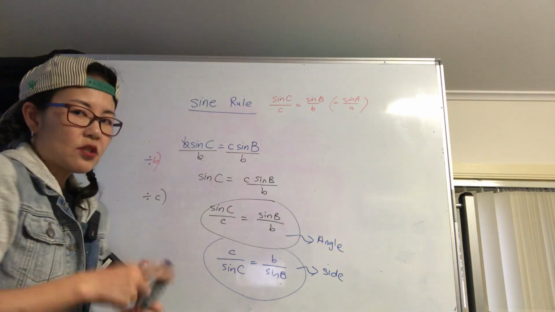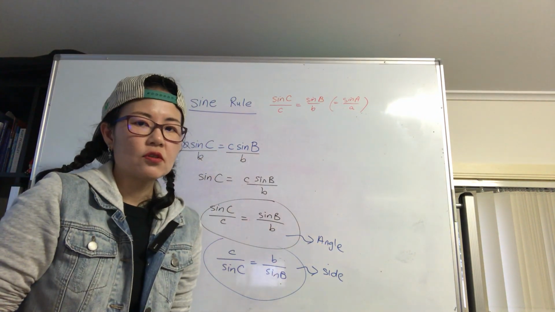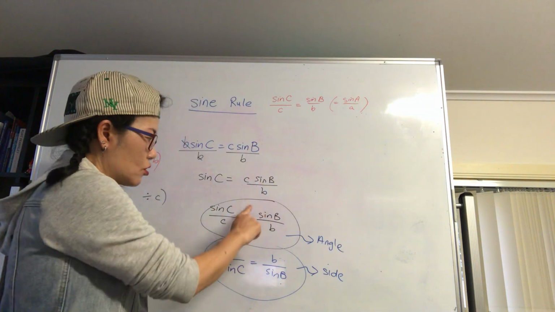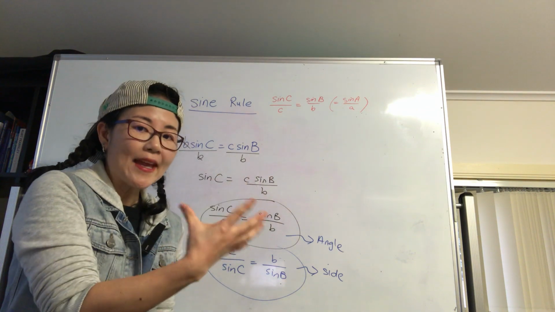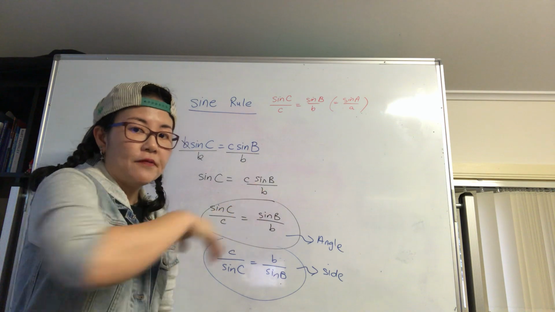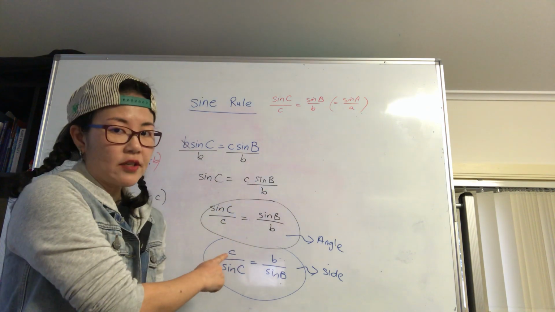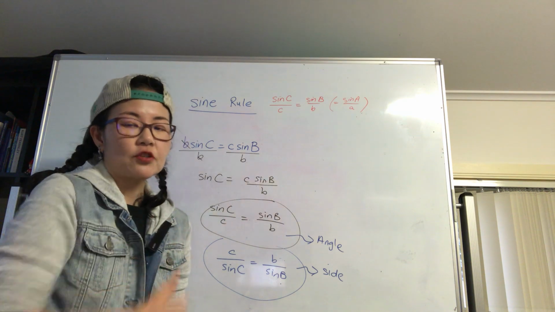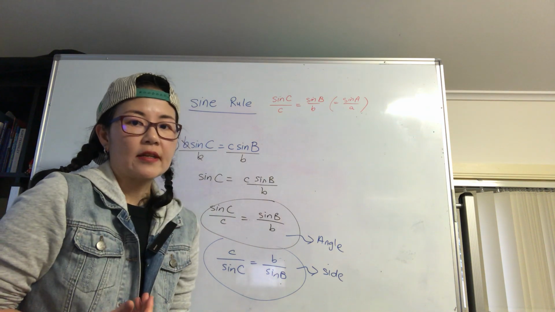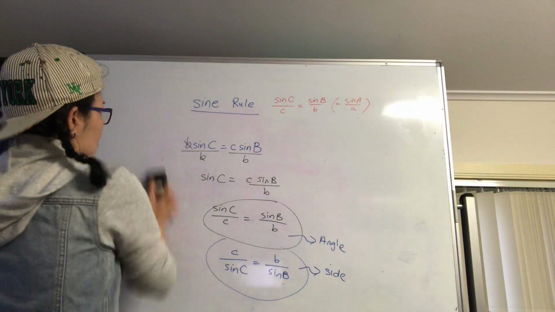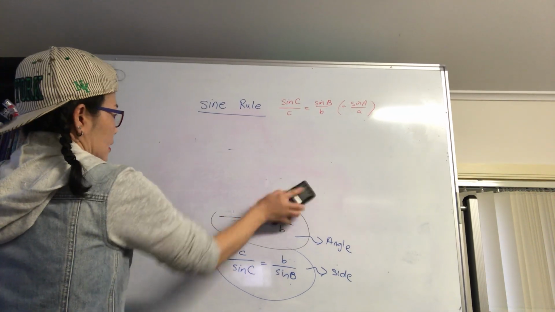But just remember, whatever the question asks you to find, if it asks for an angle, you put the unknown angle on the top. And if the question asks you to find the side, just put the unknown side on the top of the fraction, so make it the numerator. That's all. Okay, so let's have a look at the question.